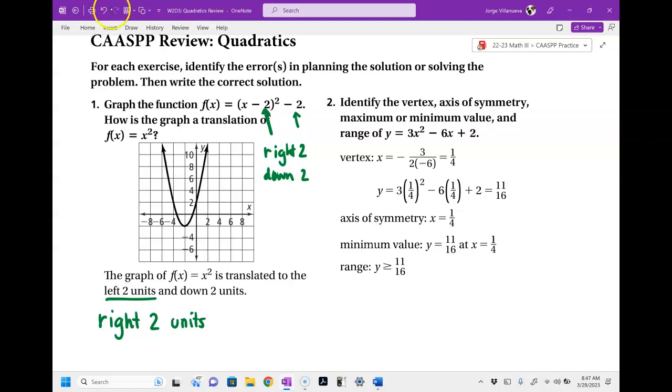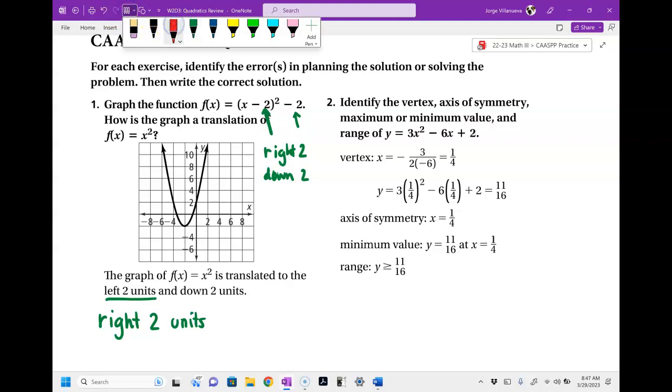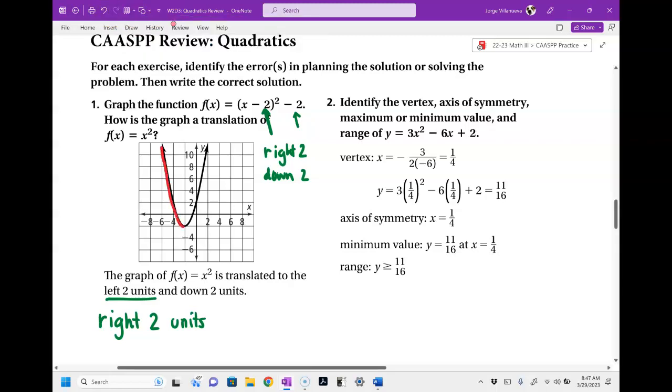So in other words, my graph, I'm going to use this as a real quick guide. So don't freak out. I'm just going to move it. My graph is supposed to be right 2 units, down 2 units. It should be right there. That's where my graph should be. I have to go right twice and down twice.